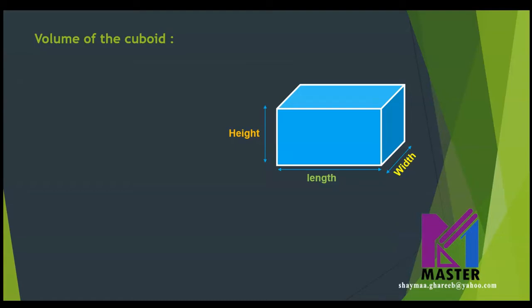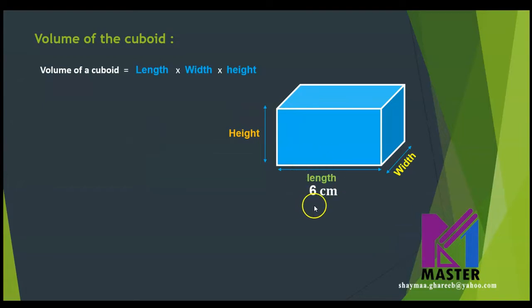Now, after we know the length and the width and the height of the cuboid, how can we use them to calculate the volume? The volume of a cuboid equals the length times the width times the height. So if I multiply the 3 dimensions together, I will get the volume of the cuboid.